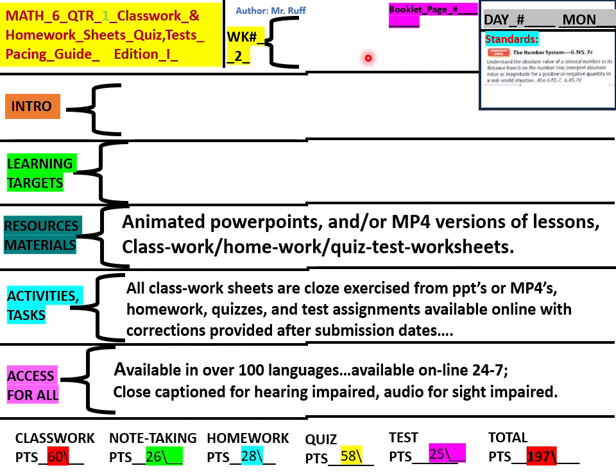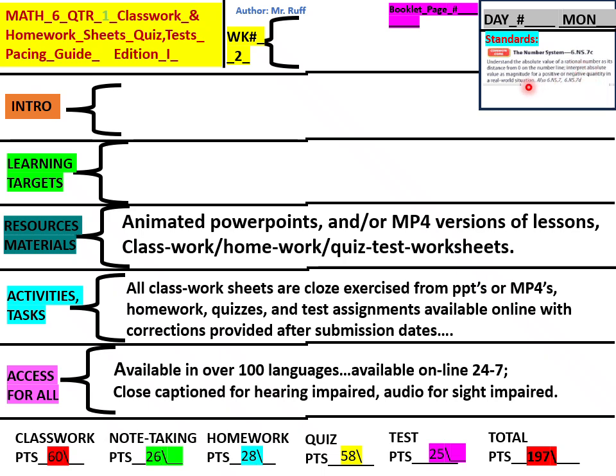And the standards here are the number system, 6.NS.7c. Understand the absolute value of a rational number as its distance from 0 on the number line.